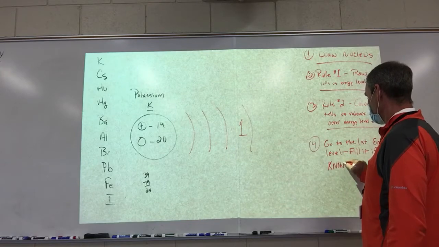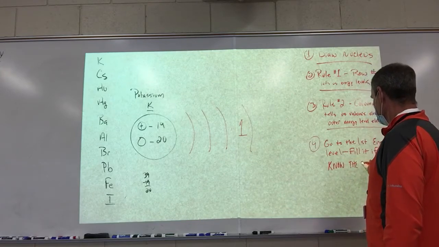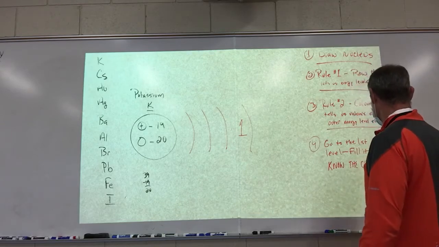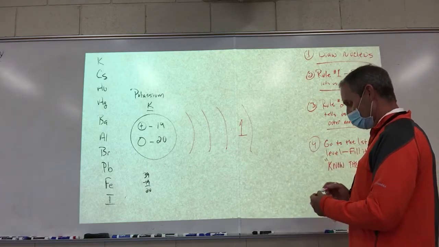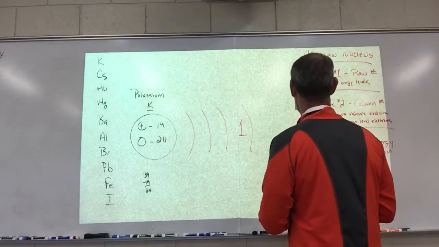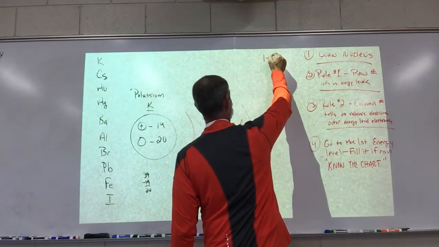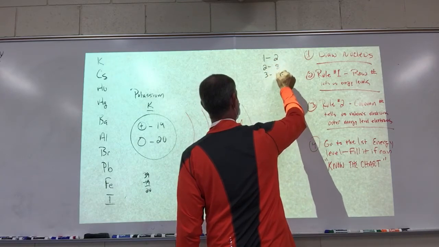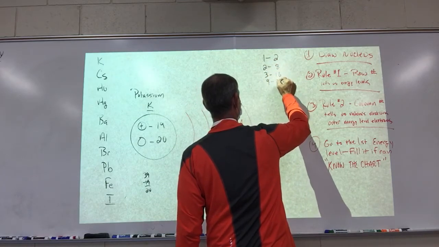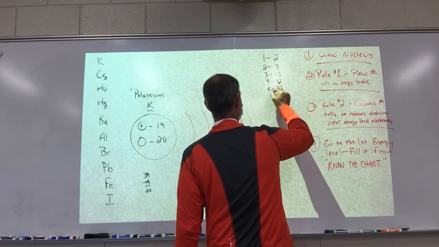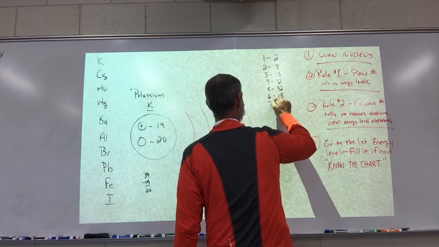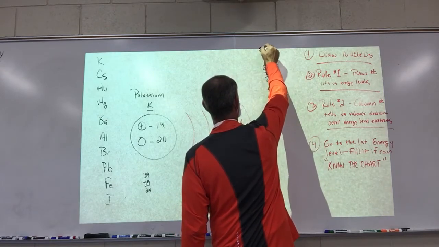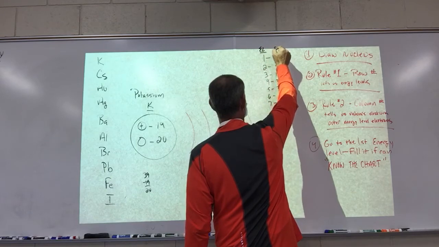You got to know the chart, right? Some of you at home might not know what the chart is. The chart tells you energy level number 1 can hold 2, 2 can hold 8, 3 can hold 18, 4 can hold 32, 5 can hold 32, 6 can hold 18, 7 can hold 8. Right? Energy levels, electrons.